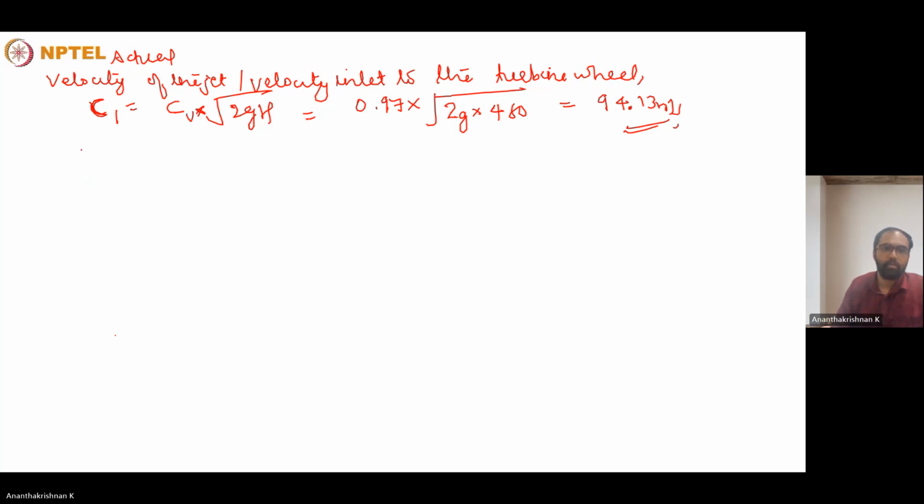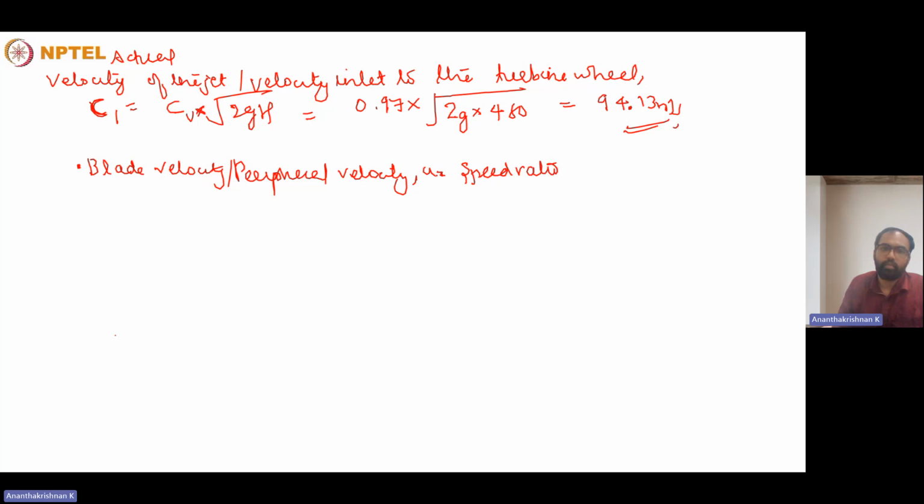And we can calculate the blade velocity, or the peripheral velocity U, from the speed ratio. So speed ratio is given as U divided by C1.